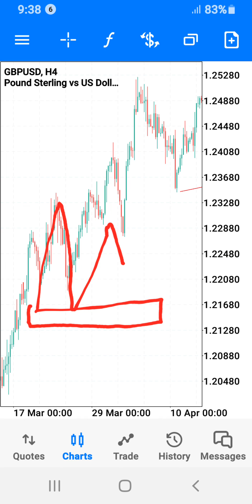Probably the wicks will be there. The wicks will be touching, so we will draw it to the end of the wicks, something like just there.